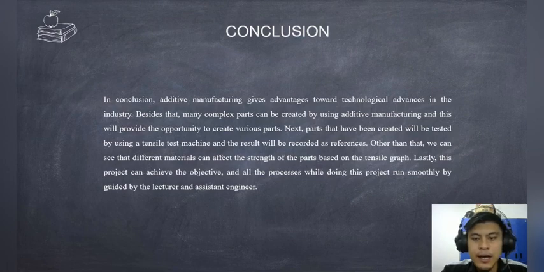Other than that, we can see that different material can affect the strength of the part based on the tensile graph. Lastly, this project achieved the objective, and all the process ran smoothly with the guidance of the lecturer and assistant engineer.